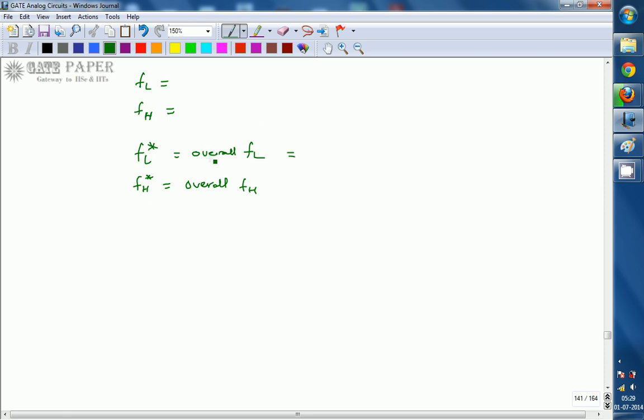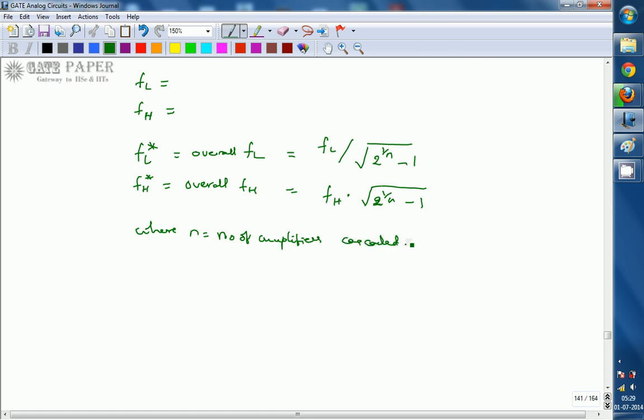So this can be calculated. FL with asterisk is FL divided by square root of 2 power 1 by n minus 1, and FH with asterisk is FH into square root of 2 power 1 by n minus 1, where n is the number of amplifiers cascaded. In this question, n is equal to 3.